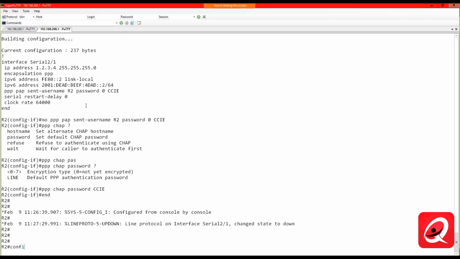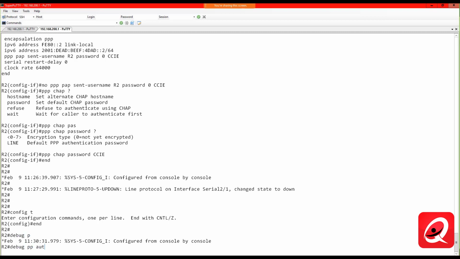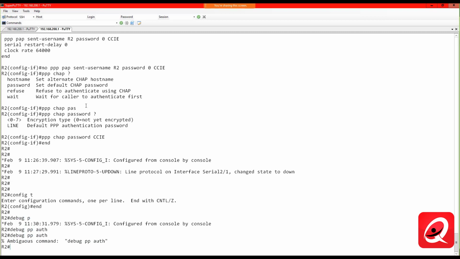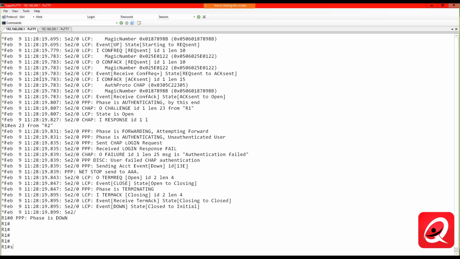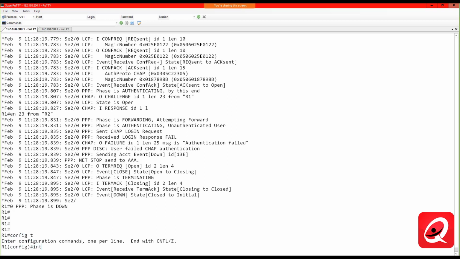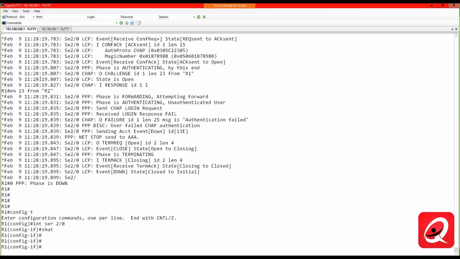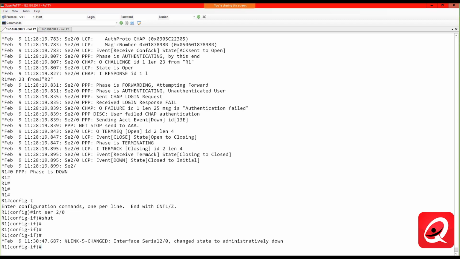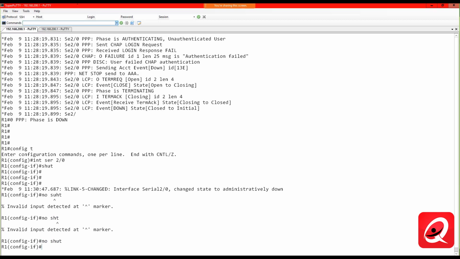If I were to come into this router and do a debug PPP authentication, I should see the challenges coming in. Let me do an interface serial 20 shut, no shut.